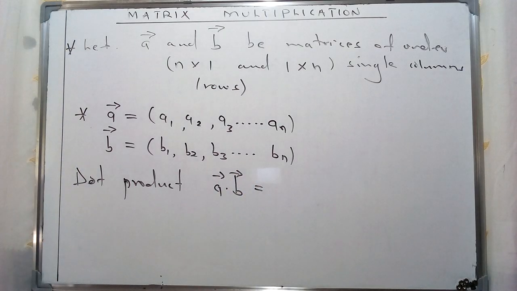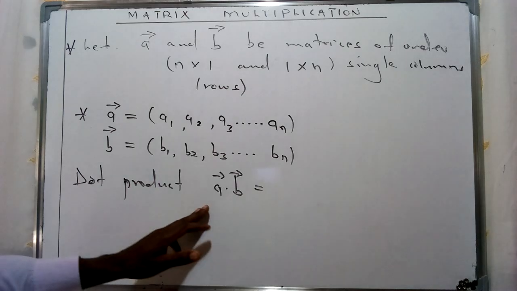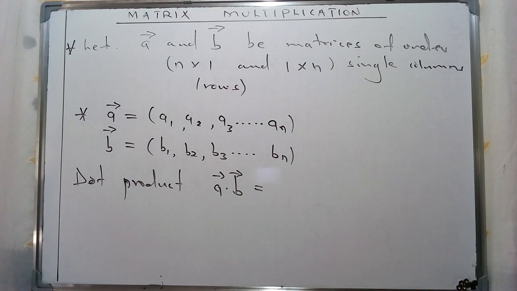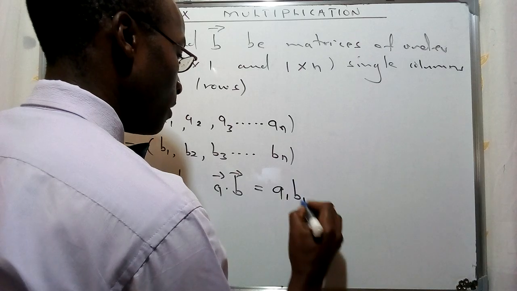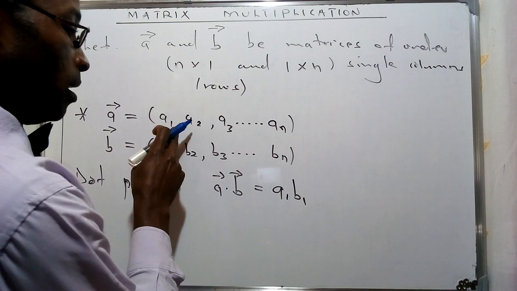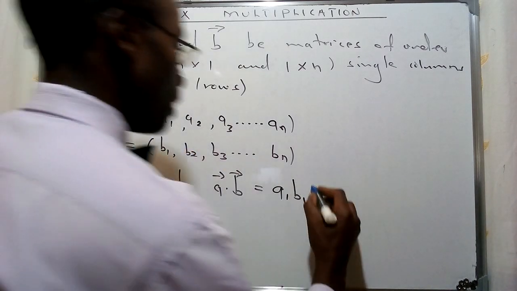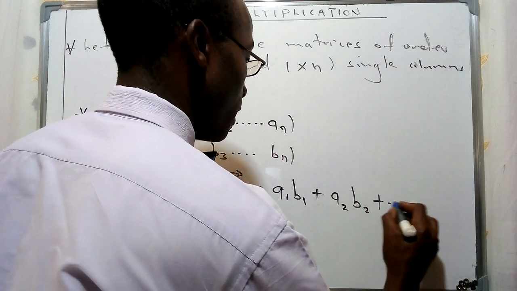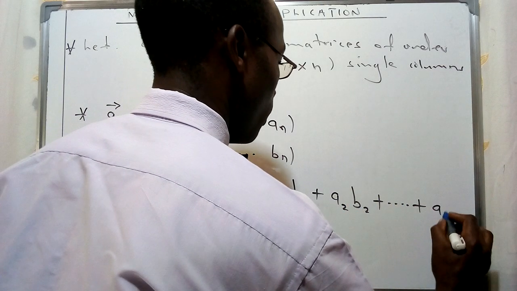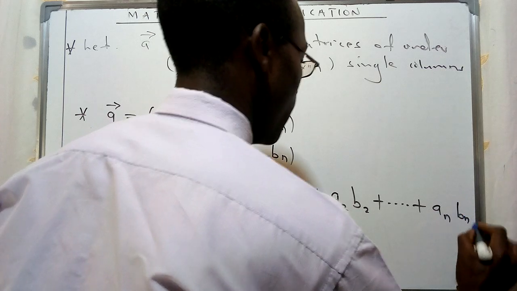And of course, the product of this can be given as a summation of the multiplication of the respective elements, which are A1 and B1. And it's going to form a sum of these specific elements going in this order to a value of n given as such.